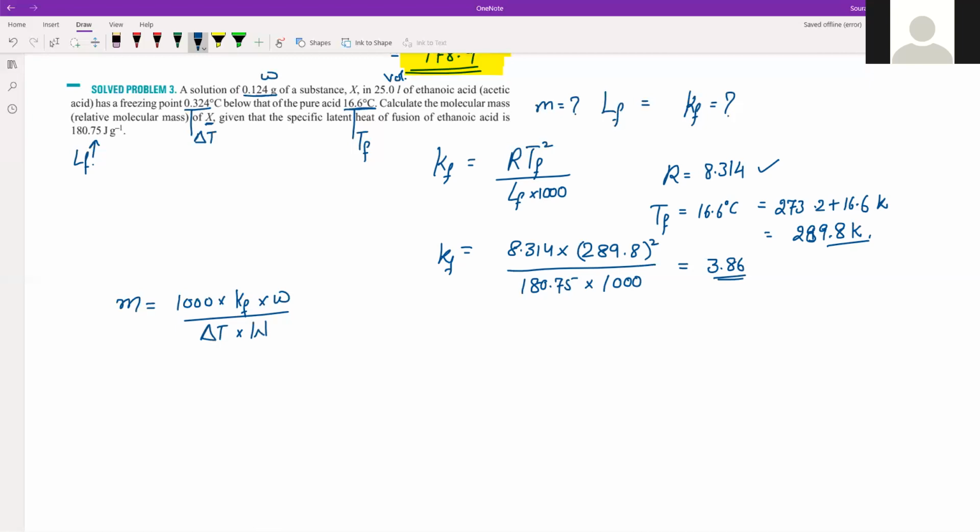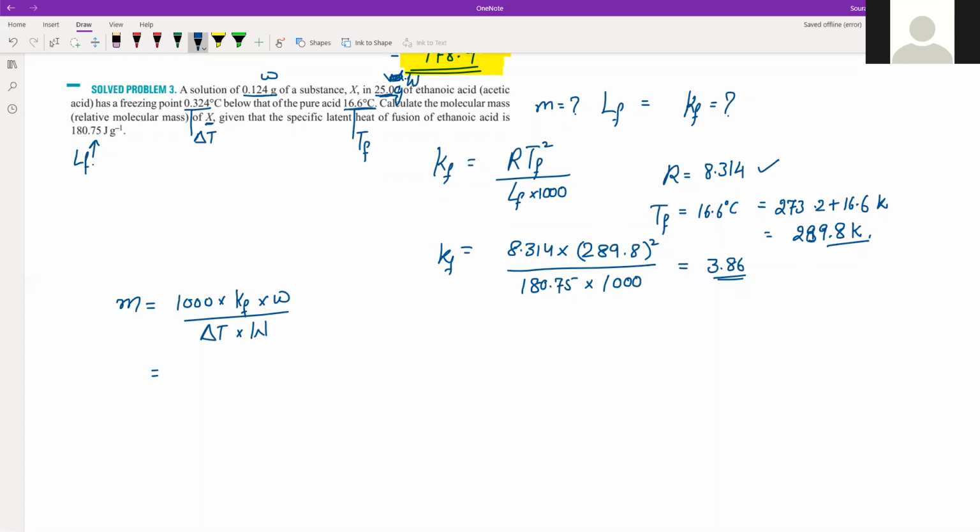Now the weight of solvent is not given directly. It is given that it is 25 liters of ethanoic acid, but there is no density as well. So let's change this to gram. This is actually capital W.